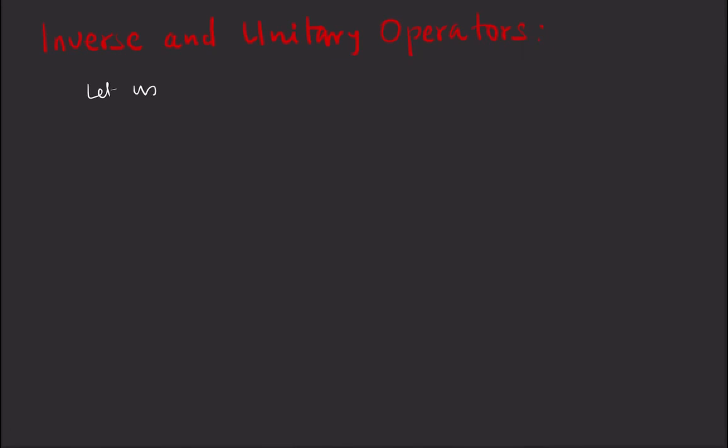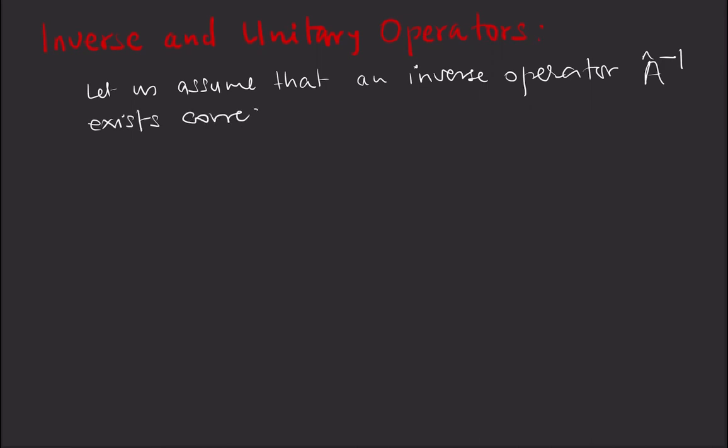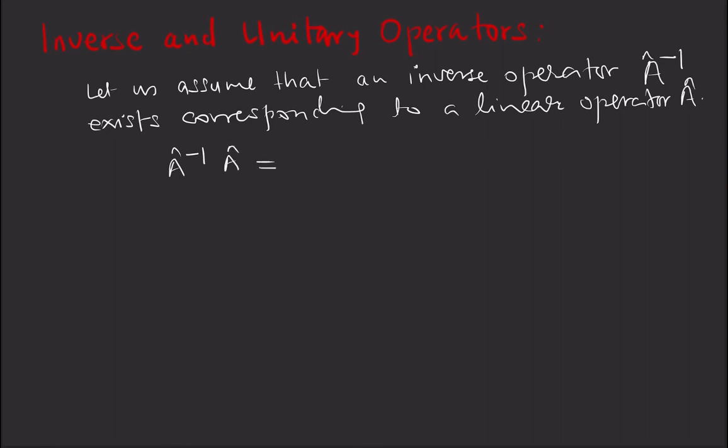So let us assume that an inverse operator, operator A inverse, exists corresponding to a linear operator A, as defined by the relation operator A inverse operator A is equal to operator A operator A inverse is equal to identity operator.